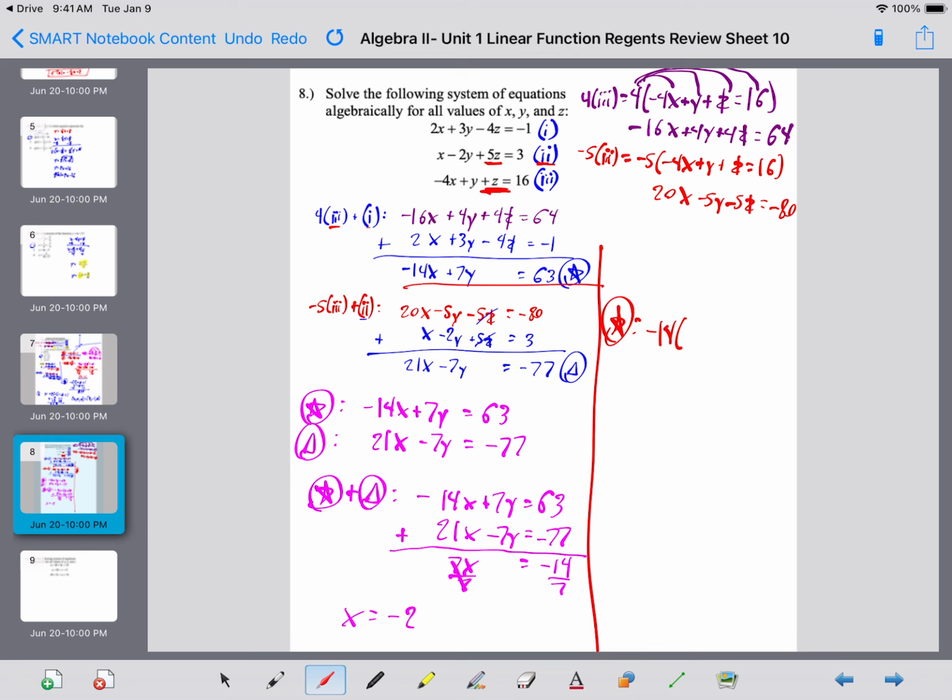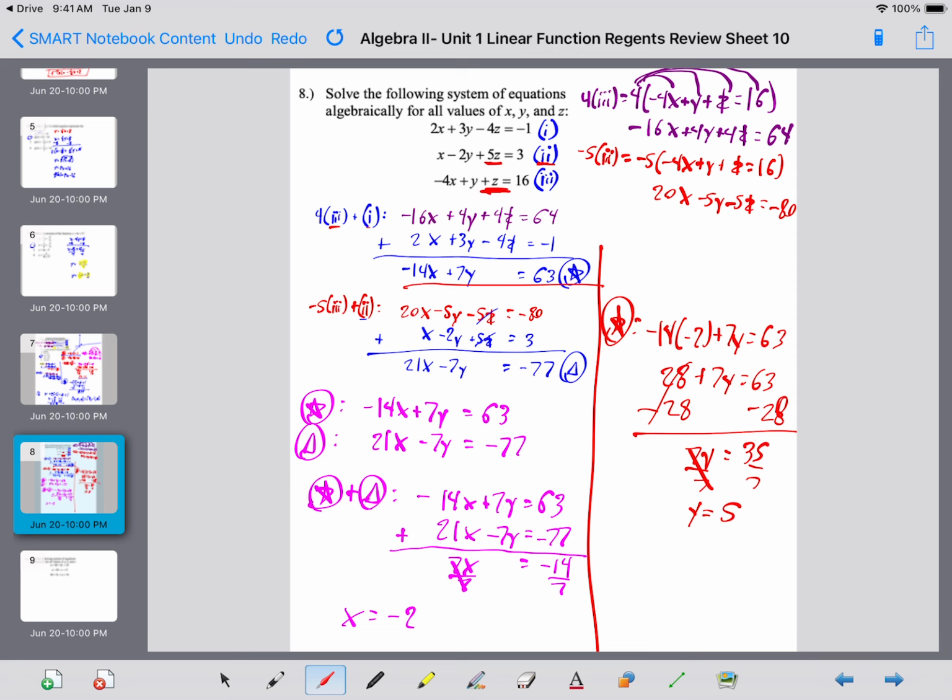Negative 14 times x, which is negative 2, plus 7y equals 63. That would be positive 28 plus 7y equals 63. Divide by 7, you get y equals 5.